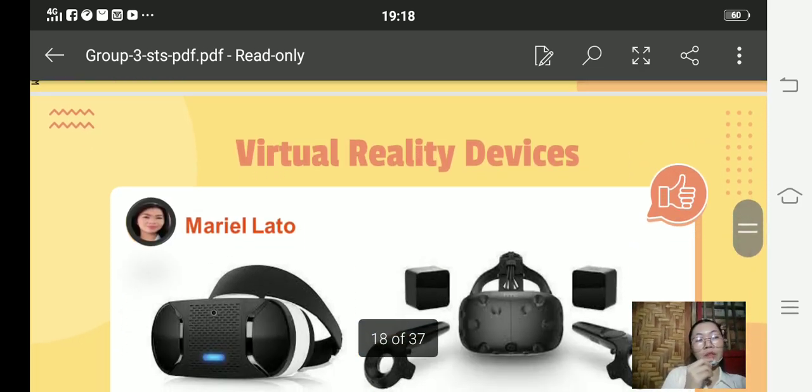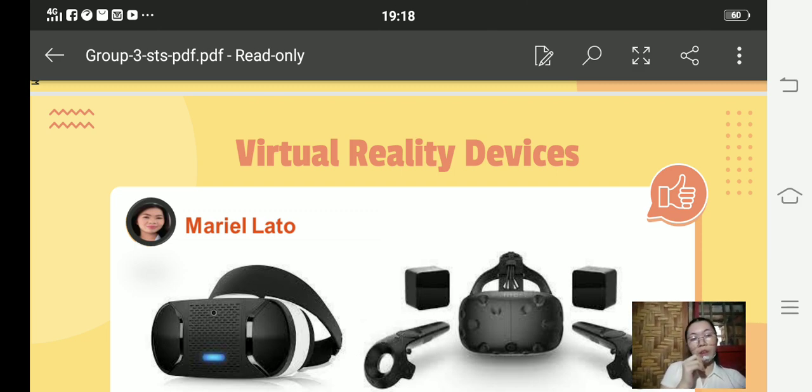Next is the virtual reality device. VR technology is very useful in three areas. What are those three areas? We have education, government offices, and the medical area. Let's have first education.